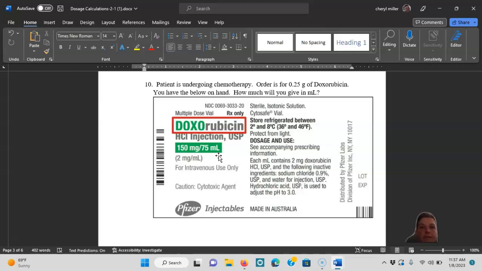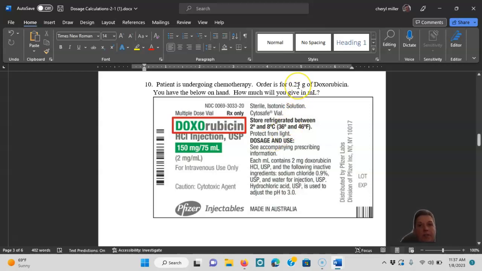I want 250. So I look down there and I would be giving 125 milliliters of this. How did I get that?